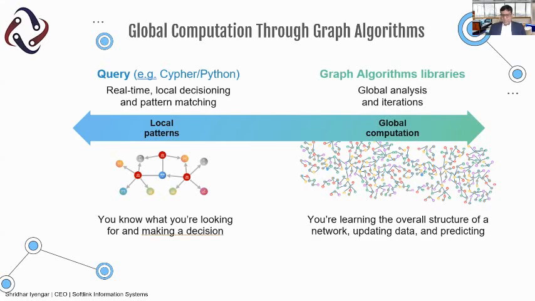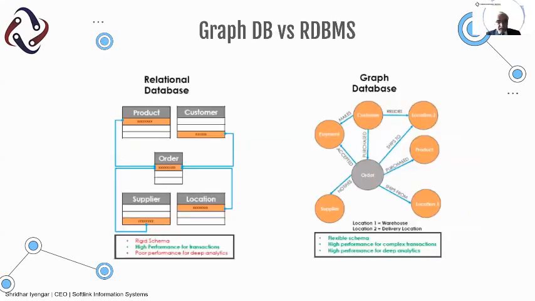All right. One question that comes to my mind: can we have a graph layer on top of an RDBMS? Oh, that's a very good question. The graph database can, should, and will coexist with relational databases for a few more years.